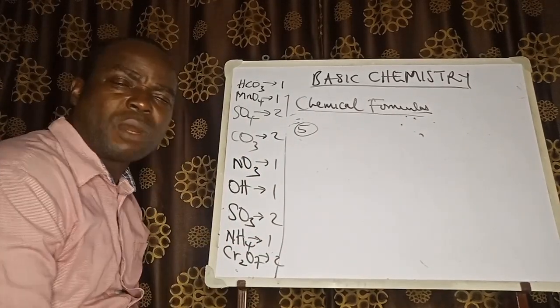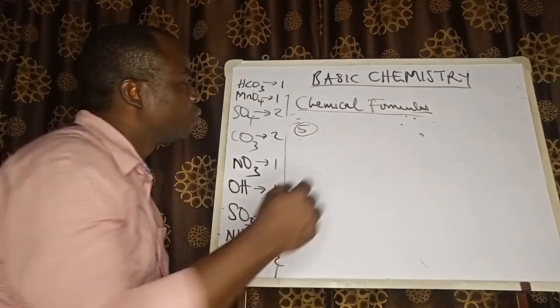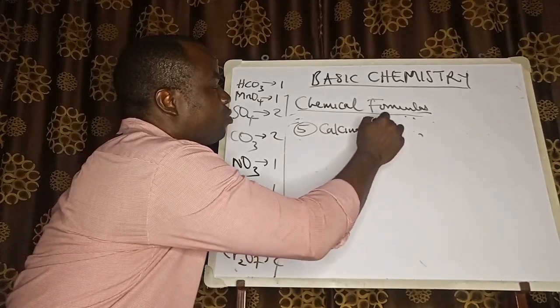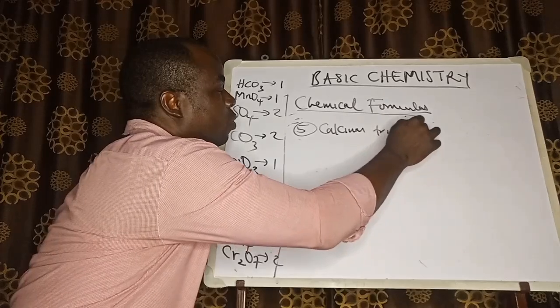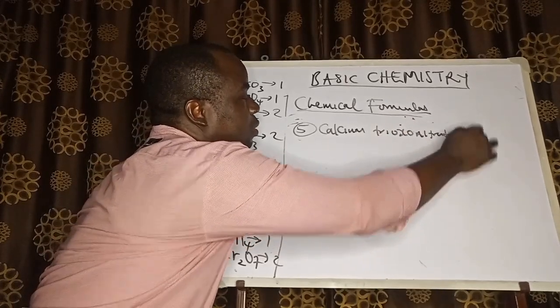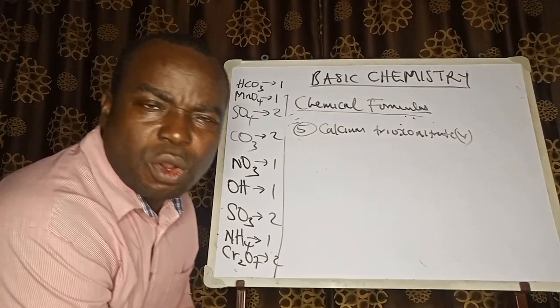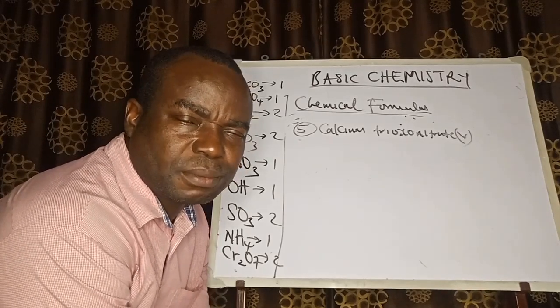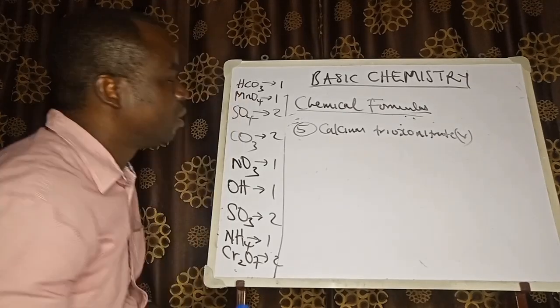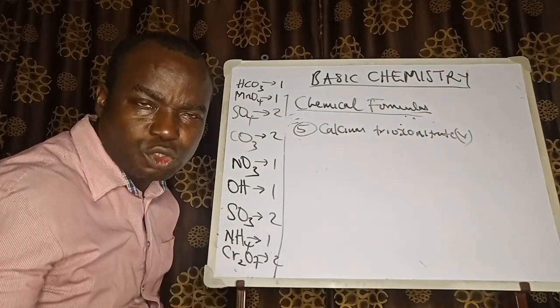Let us write the formula for calcium trioxonitrate 5. How do you do that? Now, what is calcium?